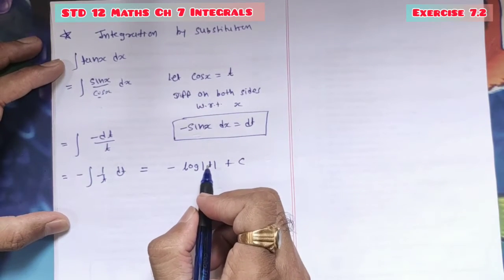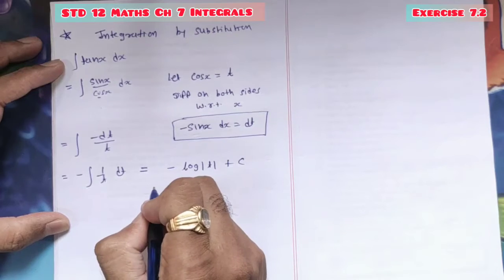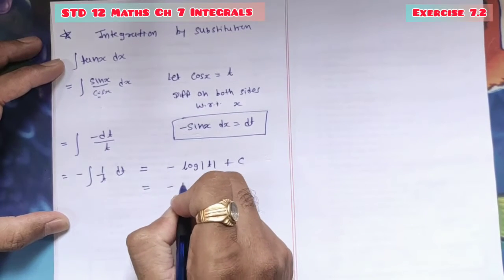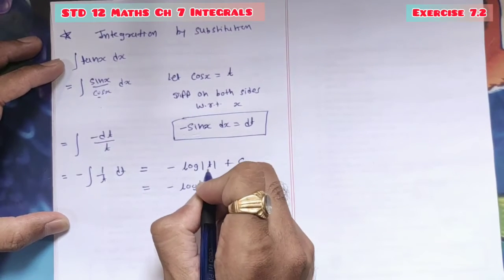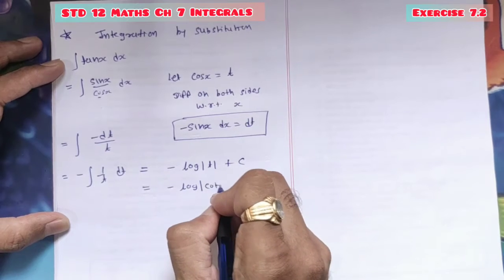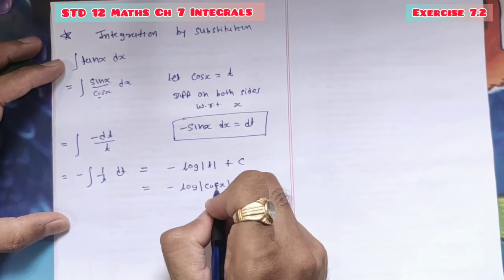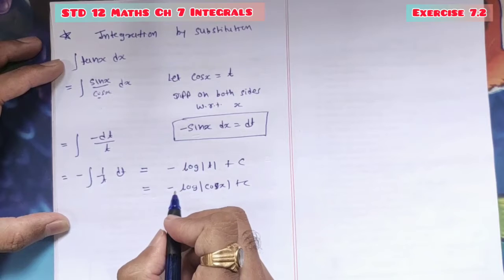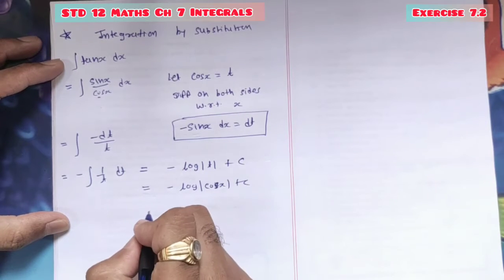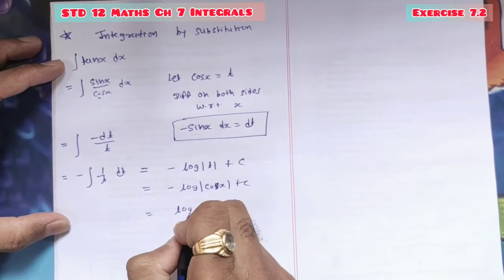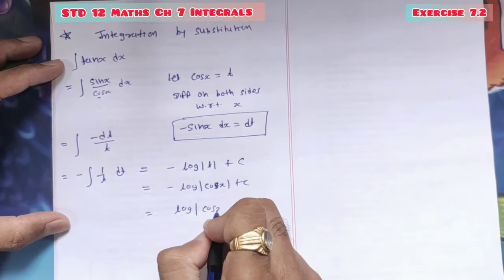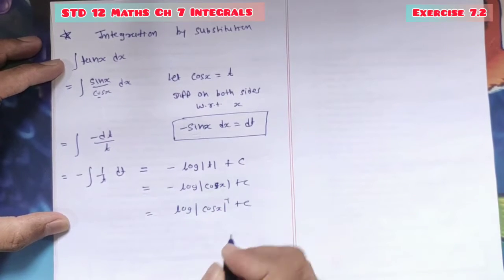What is t? That is our substitution, that is cos x. So this is equal to minus log, replacing this t with original value which is cos x plus c, taking this minus sign into power. So that is equal to log of cos x raised to minus 1.